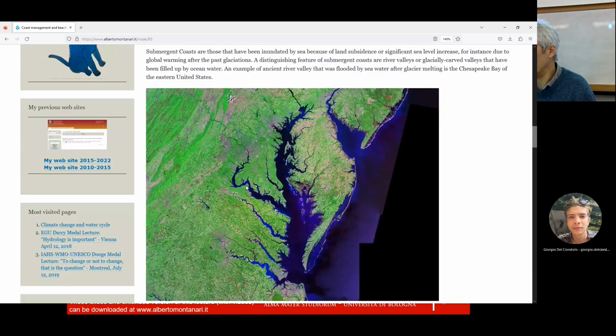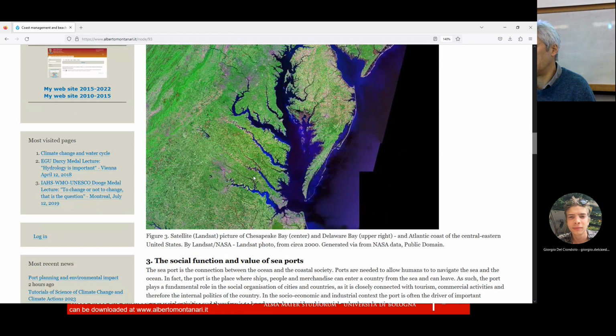In fact, the Chesapeake Bay is a protected environment, where they are investing substantial economic resources for keeping the environment in its optimal shape and efficiency.